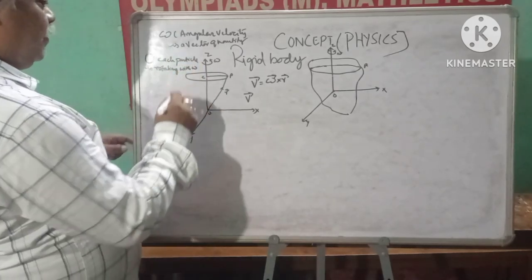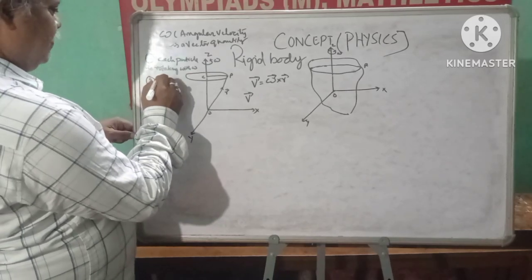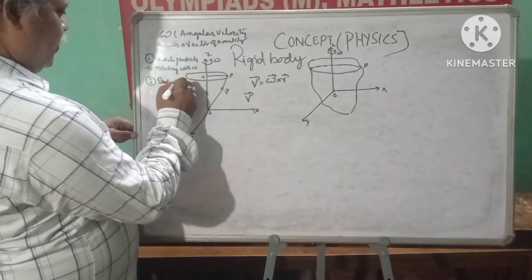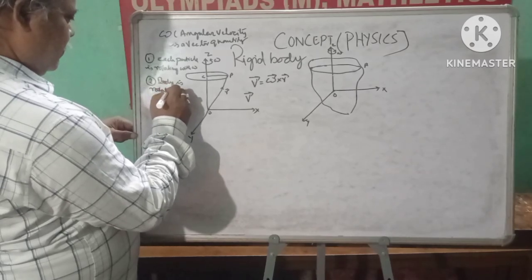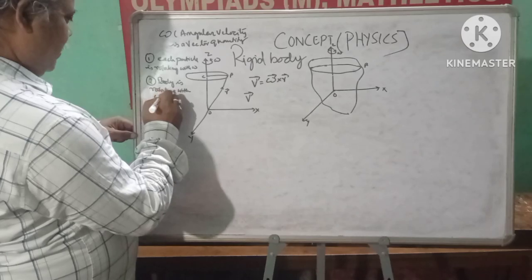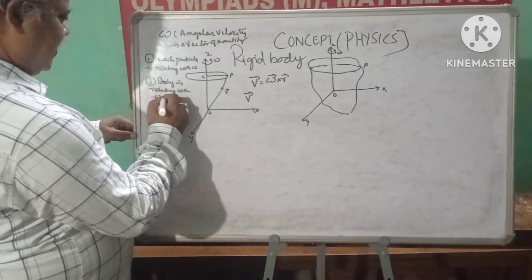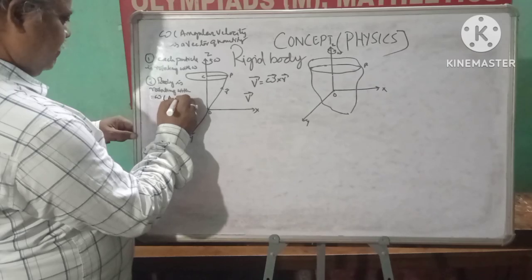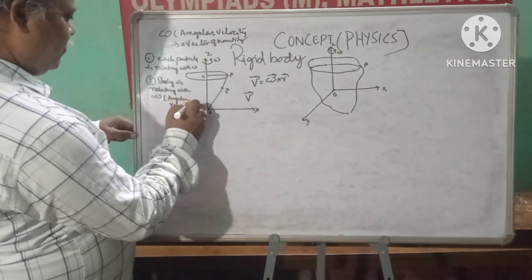That means we can consider this whole body, the body is rotating with omega, that is angular velocity. This is the concept here.